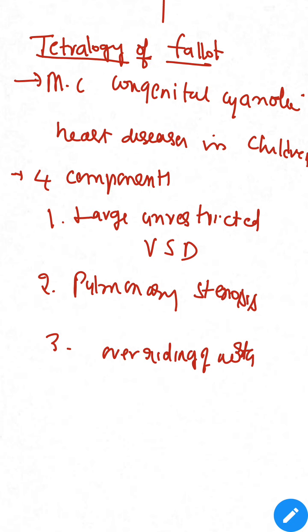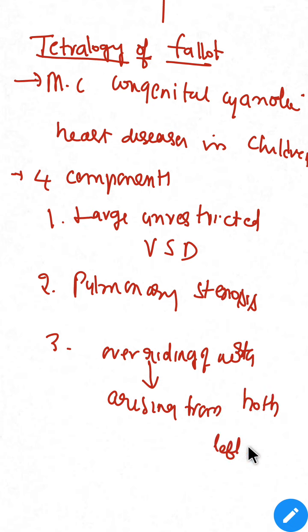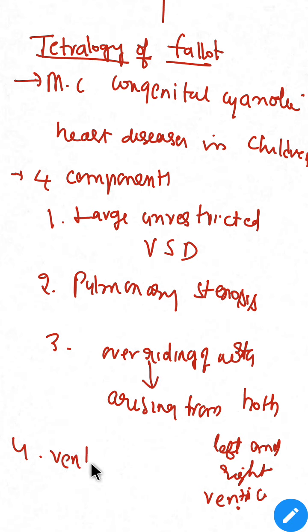It shifts its location from the left somewhat towards the right side, so it appears to be arising from both ventricular chambers. The fourth component is right ventricular hypertrophy. These are the 4 components of tetralogy of Fallot.